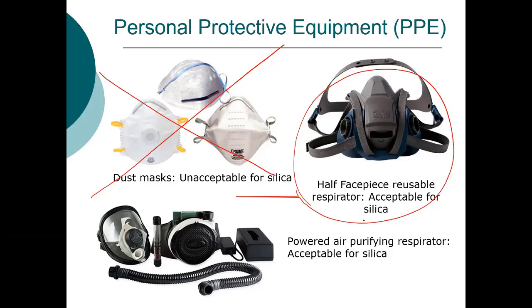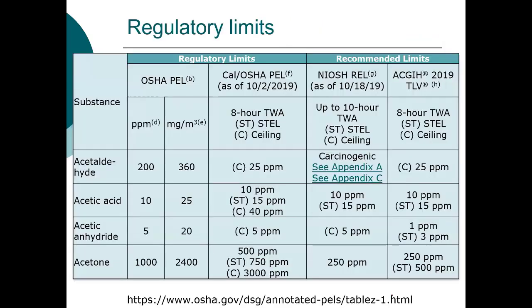So because of the issue with silicosis that can occur with repeated exposure to silica dust. What I've given you here is just a table showing you the regulatory limit and the recommended limits for a number of chemicals. So what you see here are the OSHA permissible exposure limits.